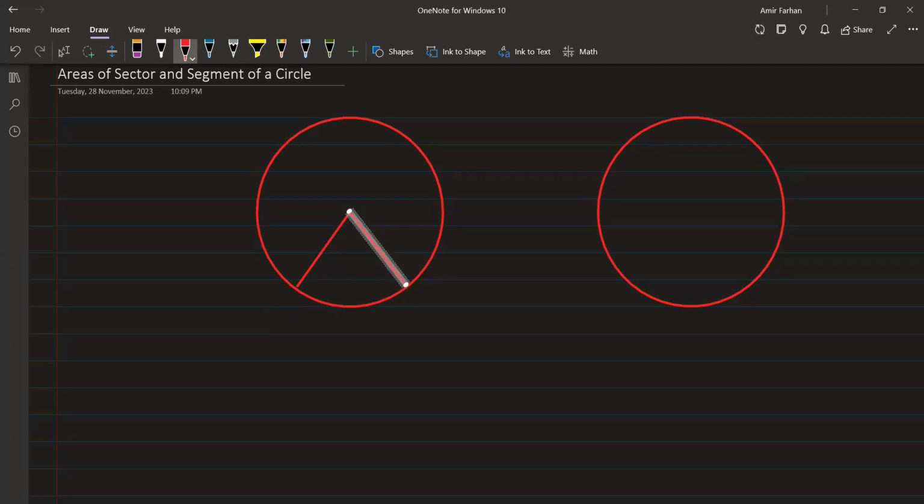So basically Adil, it will have some angle. Basically this is angle, no? Yes. This angle will be theta something. Yes or no? Yes. Very good. So basically Adil, this is a smaller part of the circle, and this is called a minor sector.